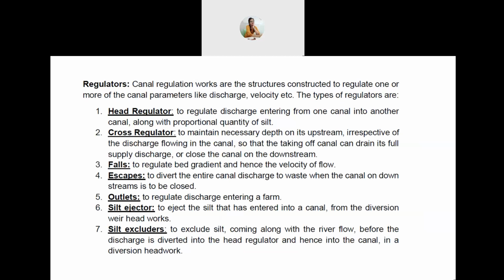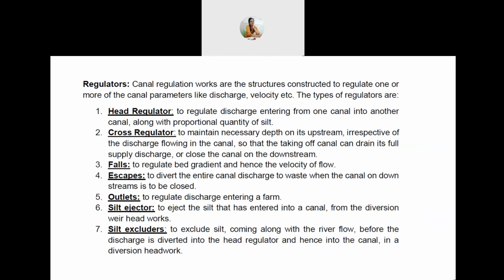Next, number 2 is a cross regulator, which is used to maintain the necessary depth on its upstream, irrespective of the discharge flowing in the canal, so that the take-off canal can draw its full supply discharge or close the canal on the downstream. Number 3, falls, is used to regulate the bed gradient and hence the velocity of flow.